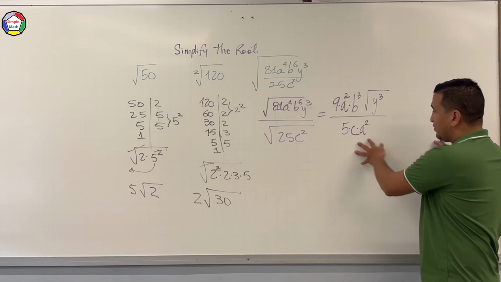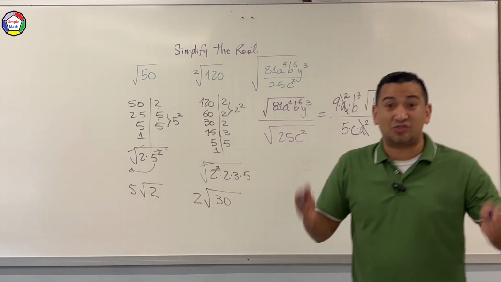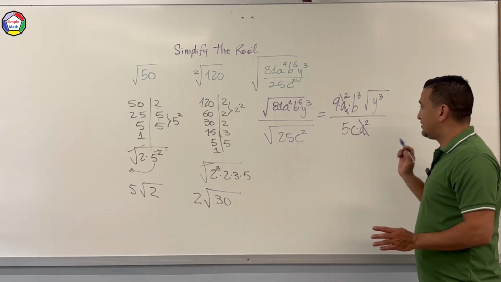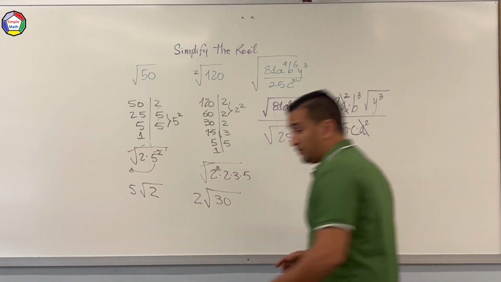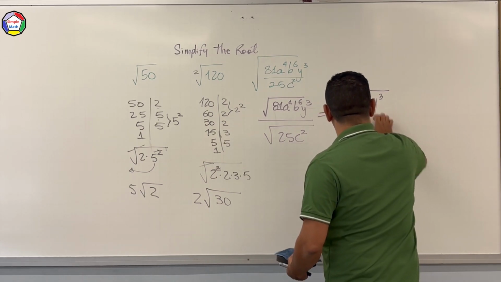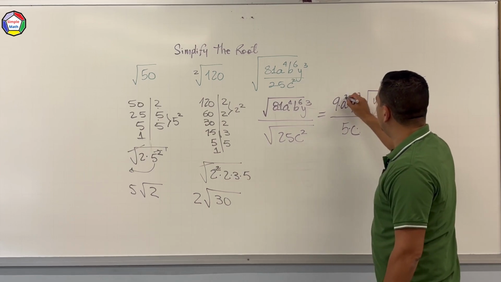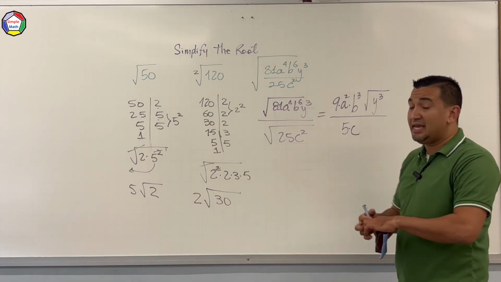If this is the case, we can cancel this one and this one. I mean, we can still simplify things. Remember, this is not for real. I don't want you to think this is the final answer of the exercise. This is just an example to show you that we can still simplify things in case we need.